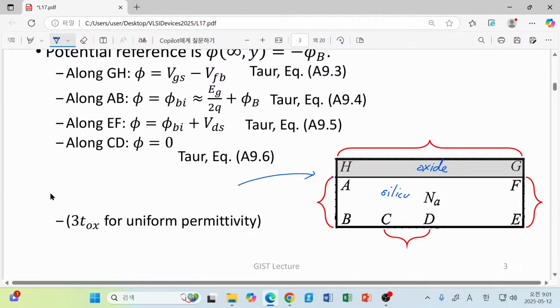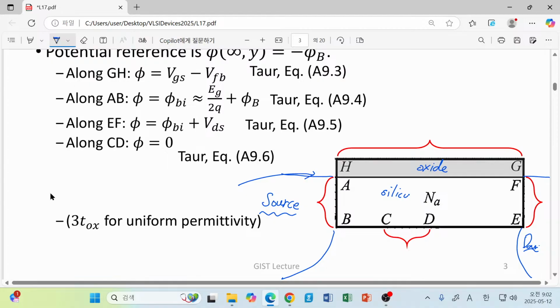AB is connected to the highly doped source region, and here we have the EF segment, which corresponds to the drain. So it is quite reasonable to assume that the potential of AB is determined by the source and EF is determined by the drain. That is quite a reasonable assumption for our calculation.